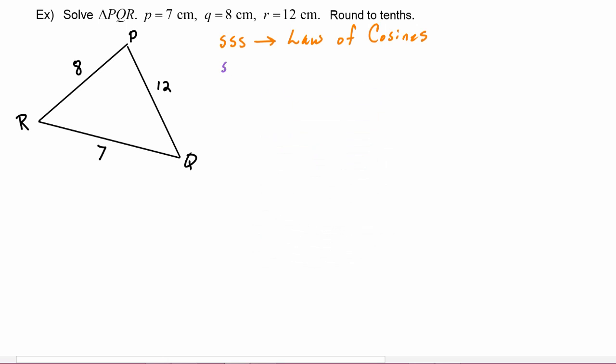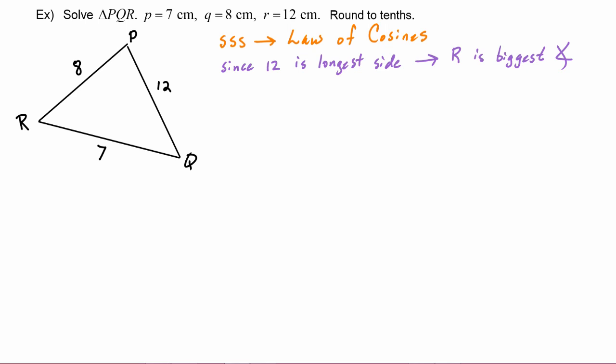We know that since 12 is the longest side, that means that R is the biggest angle. So let's use law of cosines to find angle R. Now remember how law of cosines works with the bookends.